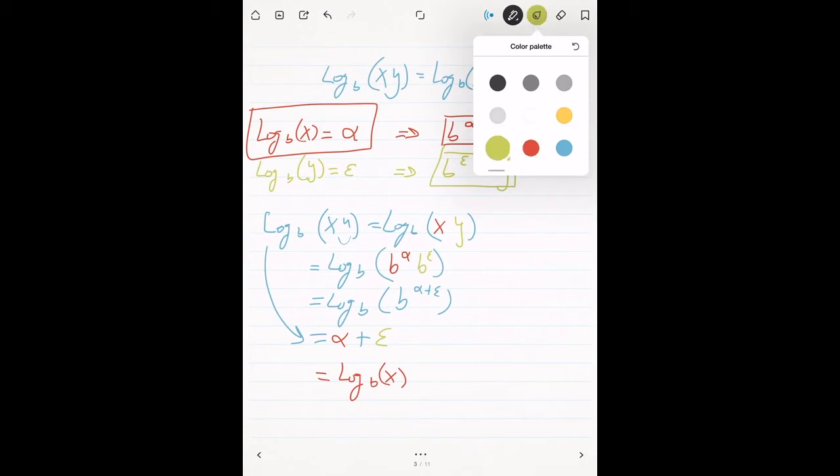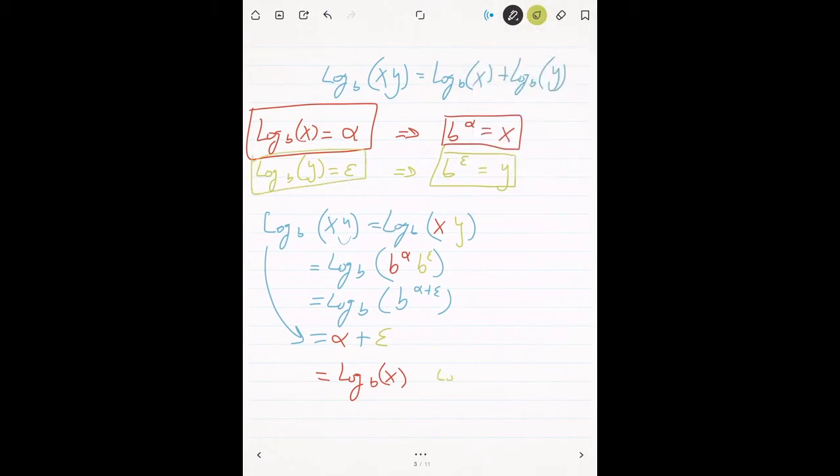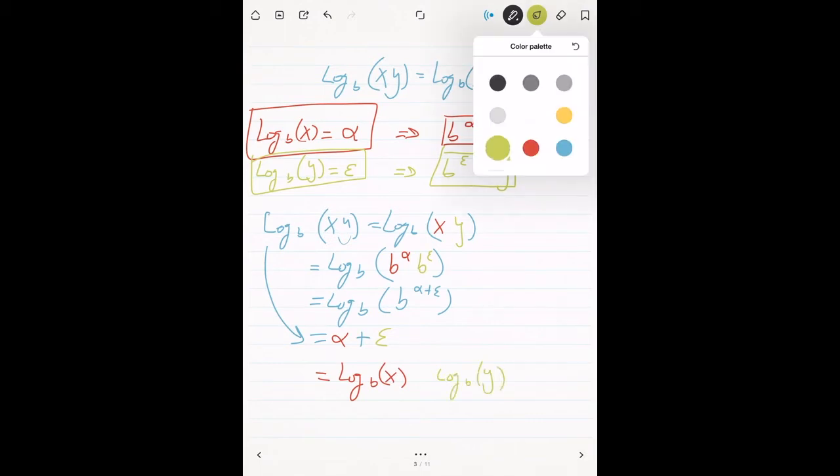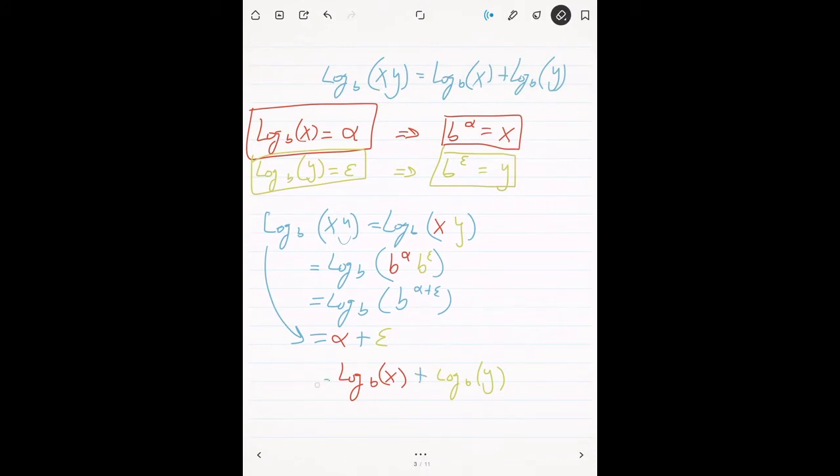And epsilon, we said that is equal to log base b of y. And we're adding these together, so we can say that log base b of x times y, when we simplify everything, gets us log base b of x plus log base b of y.